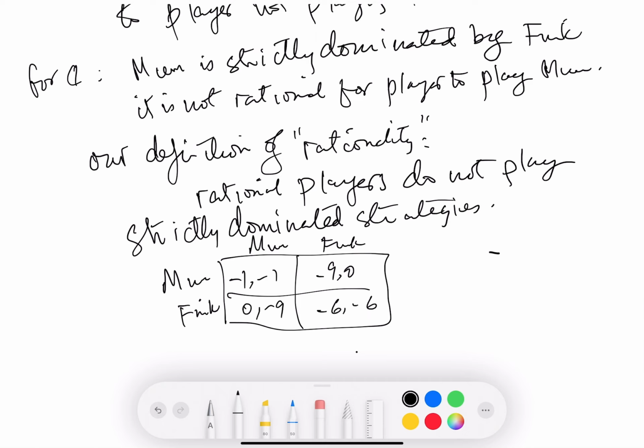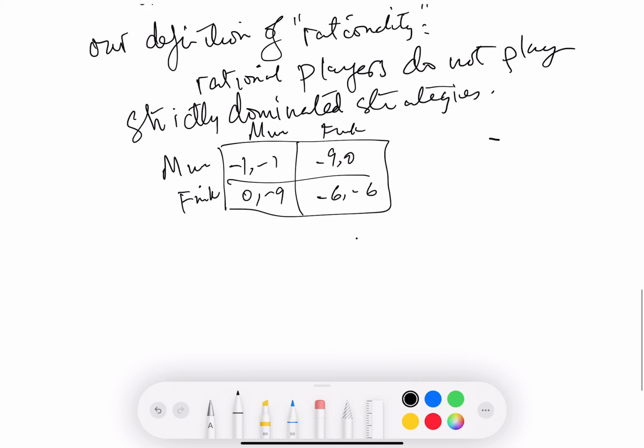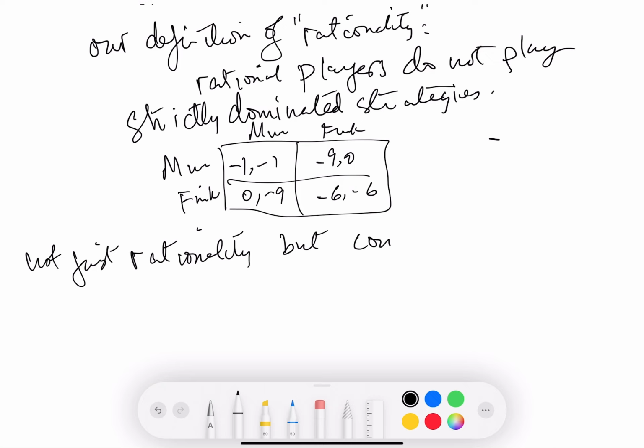Now, here's the interesting part. And what we are doing is we are assuming not just rationality, but common knowledge of rationality. And what do I mean by that?